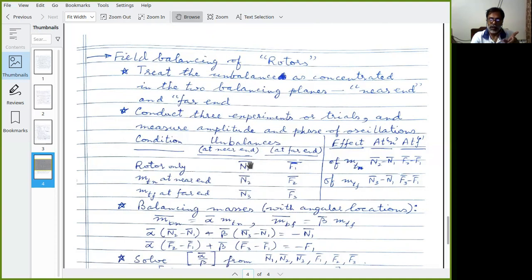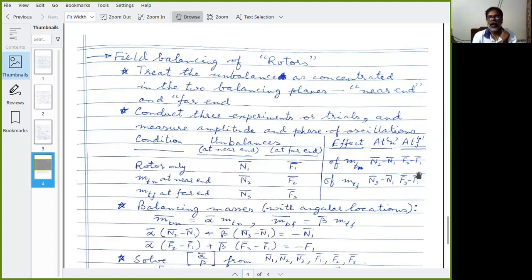Without that, with the rotor only, you had N1. The trial mass effect would be N2 minus N1. Similarly, at the far end, its effect would be F2 minus F1. In the same manner, the effect of MTF at the far end would be N3 minus N1 and F3 minus F1.